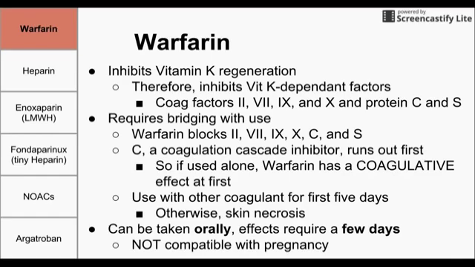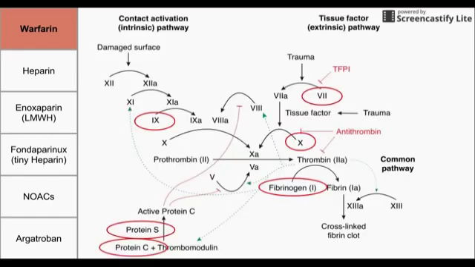If protein C runs out, if we can go back to this schematic, we see protein C down here has an inhibitory effect on the coagulation cascade. If protein C runs out, that means we're going to have an inhibition of an anticoagulant protein, meaning that we're going to have an increased coagulative effect.